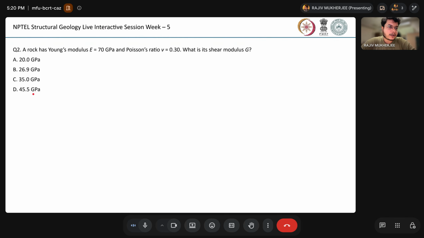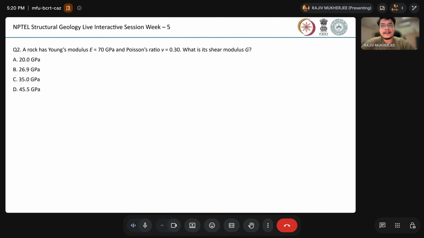So these are the four options. Again I will pause for a minute or two and let you think about the correct answer. You can also solve it yourselves, and after that I will discuss what formula we should use for this kind of problem.